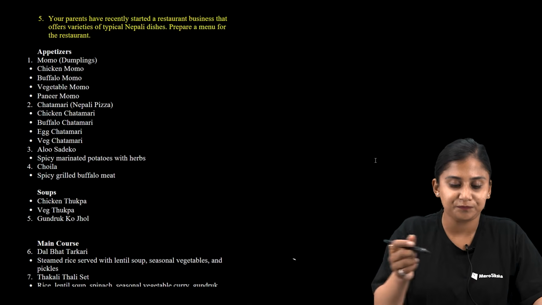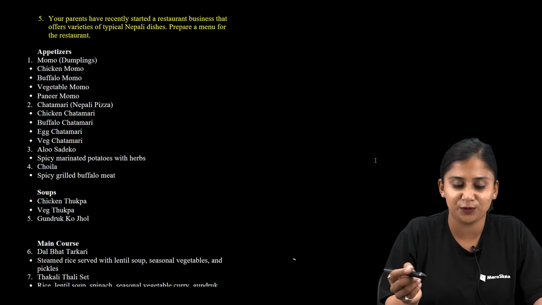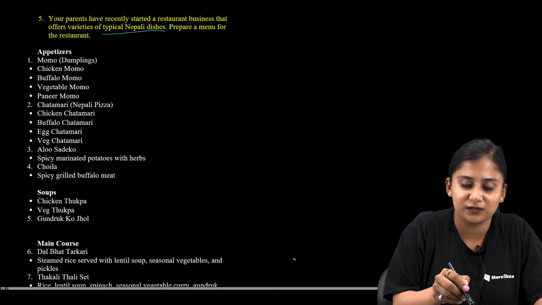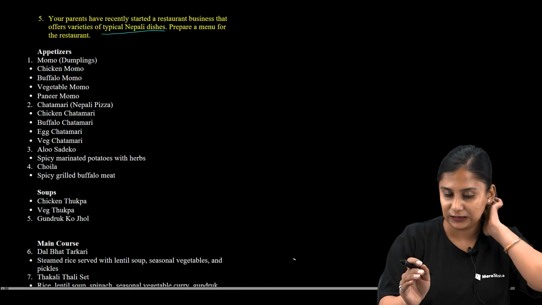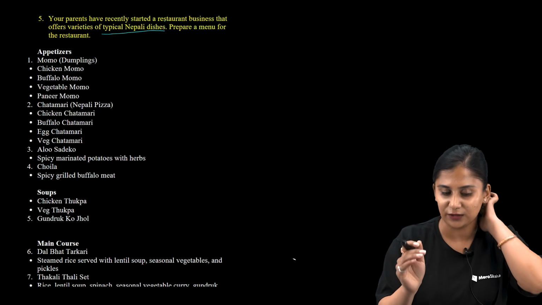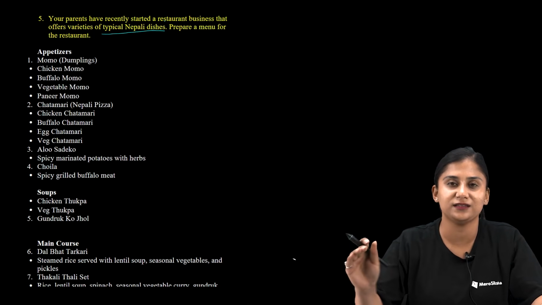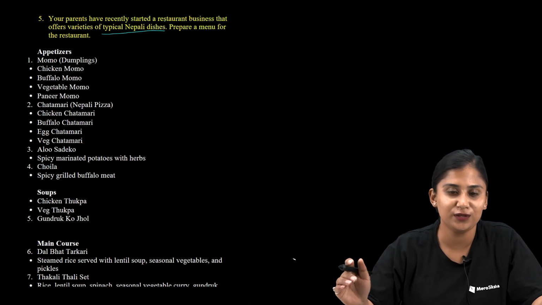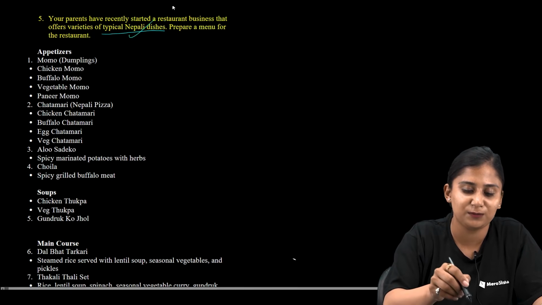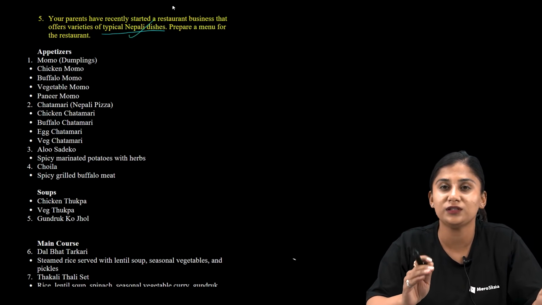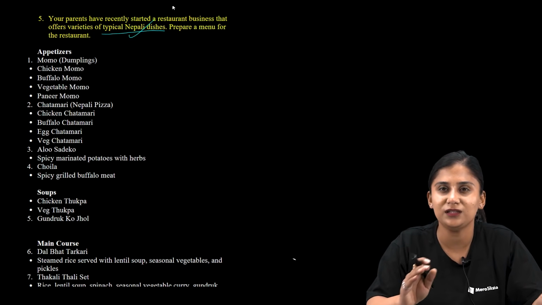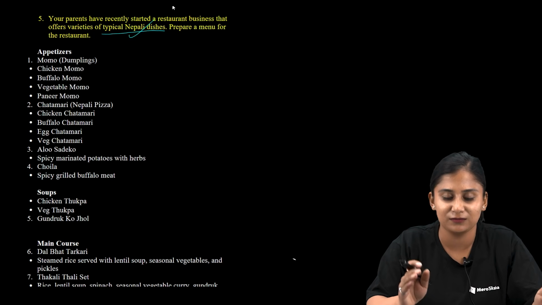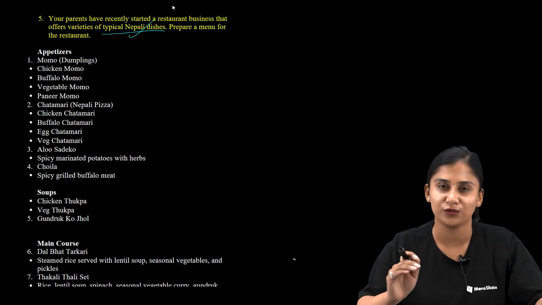So here the question has asked us to prepare a typical menu for the typical Nepali dishes. You have a restaurant and you're supposed to offer varieties of Nepali dishes. As you are asked to provide Nepali dishes, you're supposed to note it down. You are supposed to brainstorm what can be the Nepali dishes that can be placed in the menu of your restaurant.